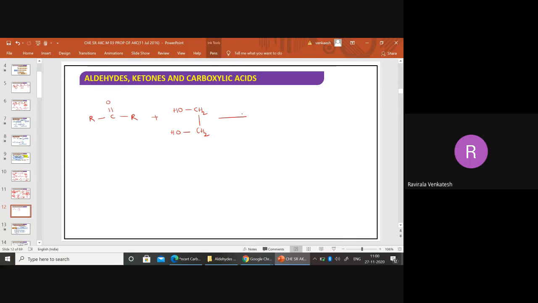Now how to make the product for this one? What we have to do? Anybody? How to make the product for this one? How to make the product?